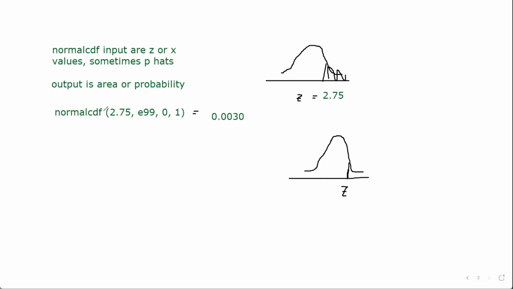If I were to give you 0.0030, that's an area under the curve, not a Z. So I can't use normal CDF for that.